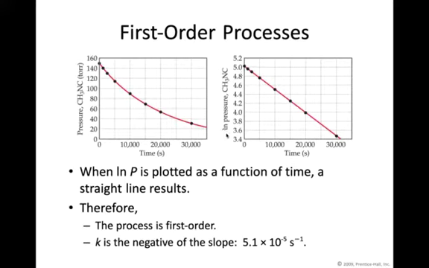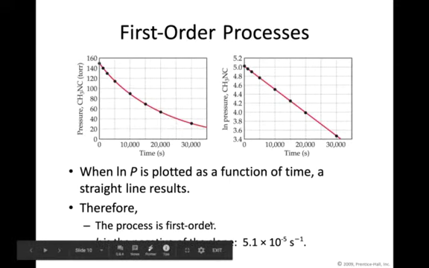And we could plot this, the linear plot for this is the natural log of the pressure or concentration. So if you see a linear plot and it's plotting the natural log of pressure or concentration, that indicates to you that the reaction is first order, and you can find the rate constant from the slope of that line.